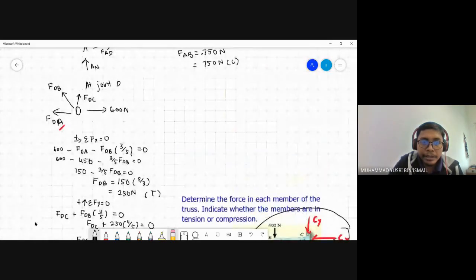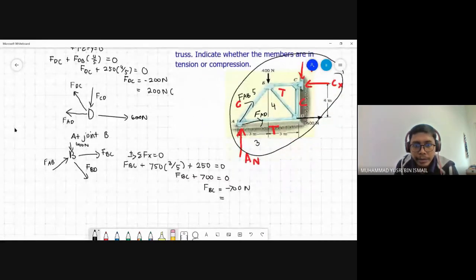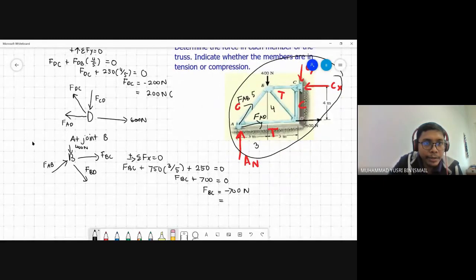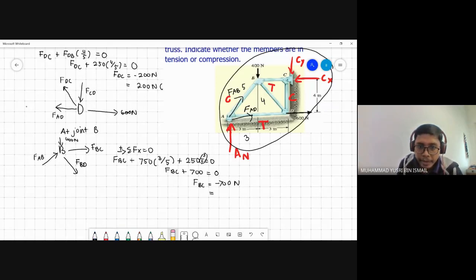FBD 250 times, to the right, will be 3/5. Equal to 600.